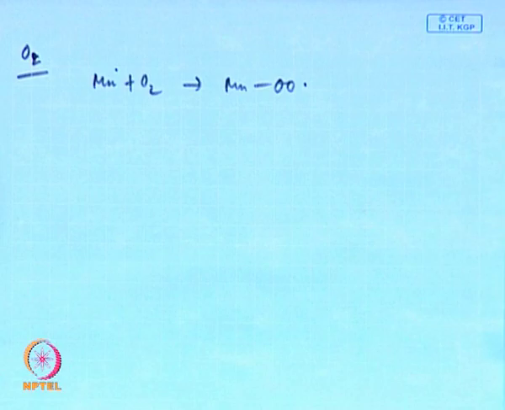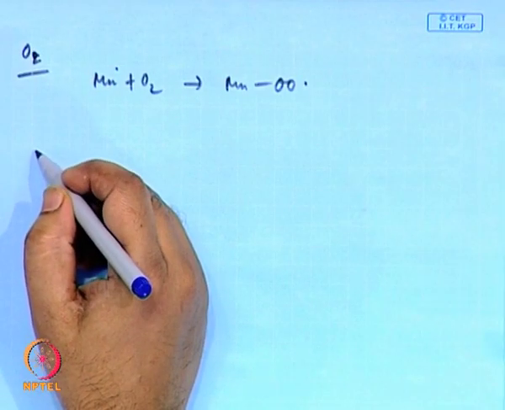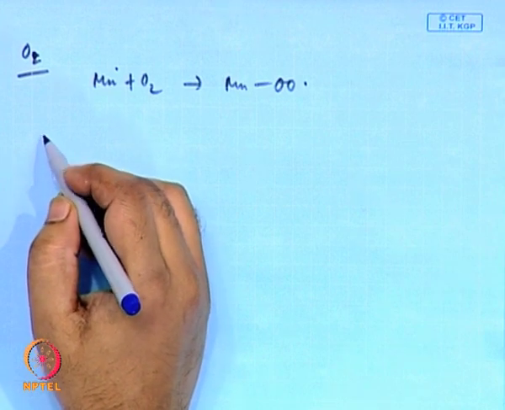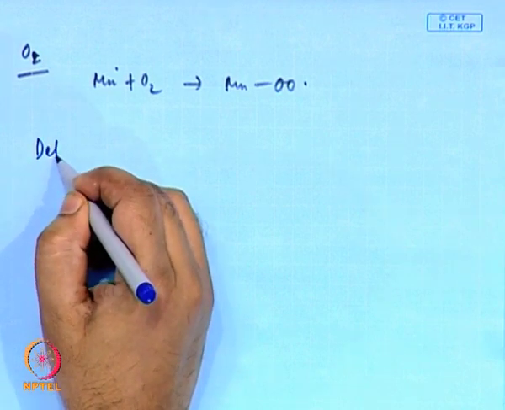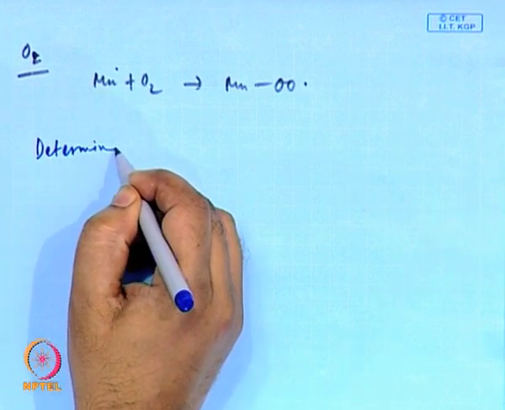So, we have now learned the transfer reaction, the inhibition reaction and the deterioration reaction as well. Now, let us talk about how one determines these different rates experimentally.